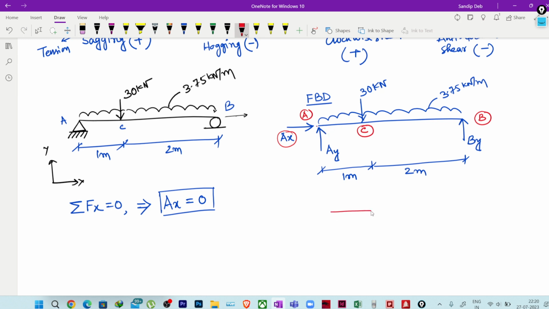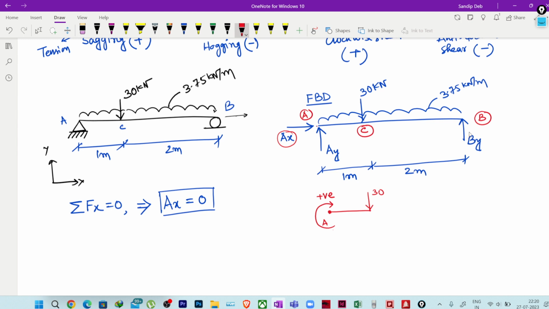How? This is my beam, suppose I have the 30 kilonewton load here, and I have this point A. What will be the direction of moment? Obviously it is rotating about this point, so the direction of moment will be this direction. It is clockwise, so it will be positive, correct?